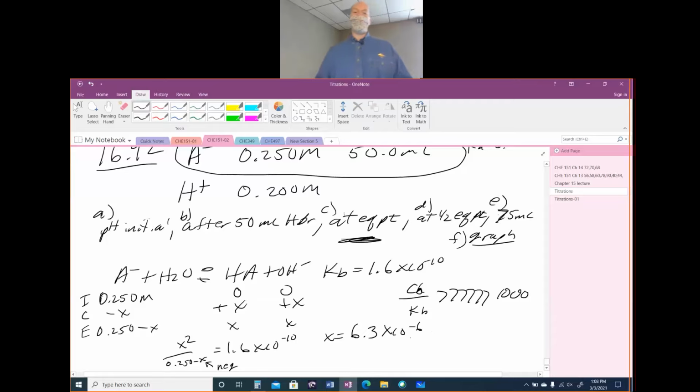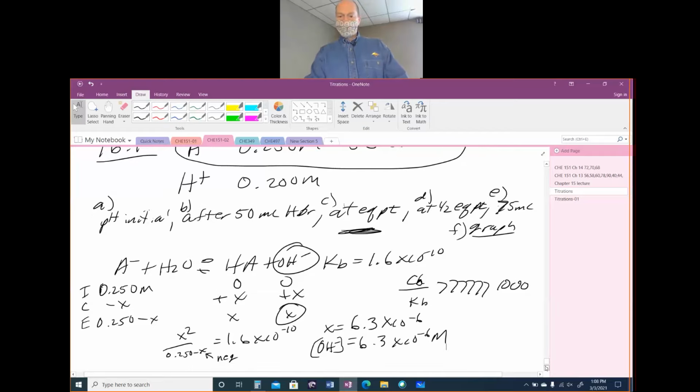Again, you have to know what x is. So you look at your equilibrium. x is your concentration of OH minus. So your OH minus is 6.3 times 10 to the minus 6 molar. And now you take the negative log of that to get your pOH.